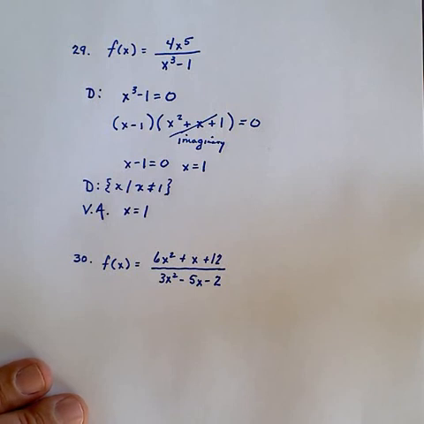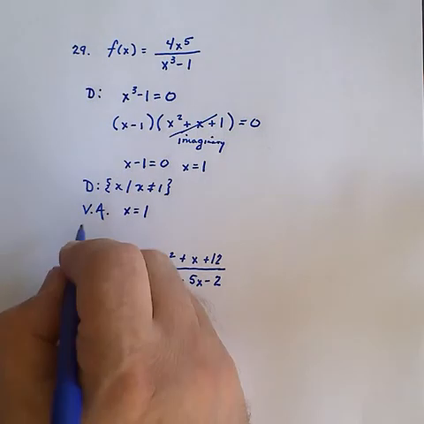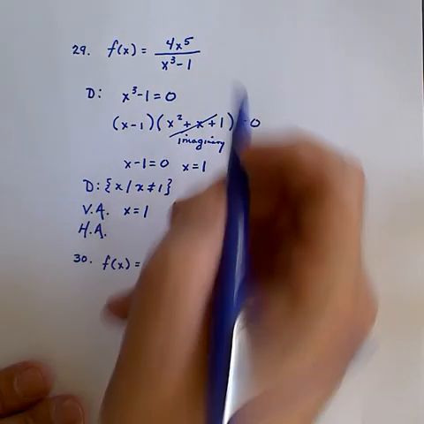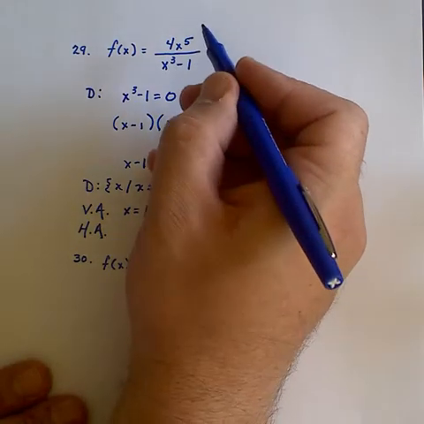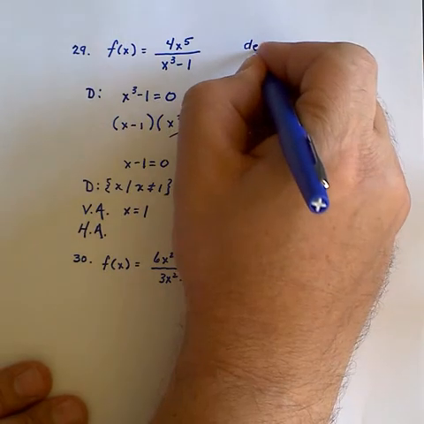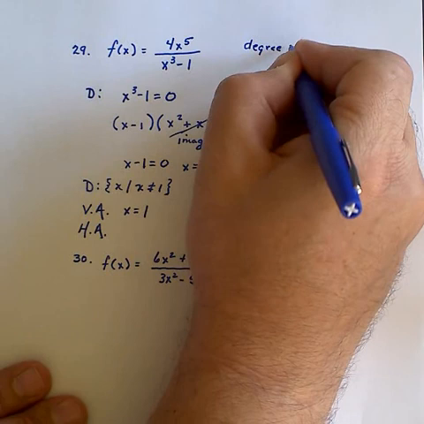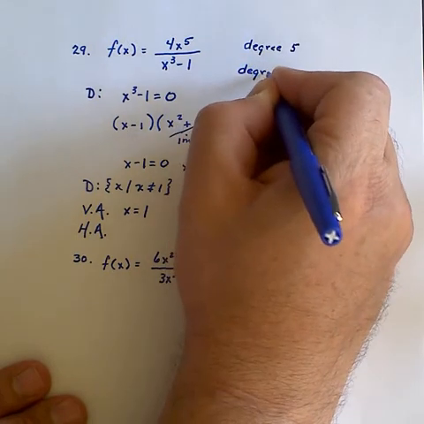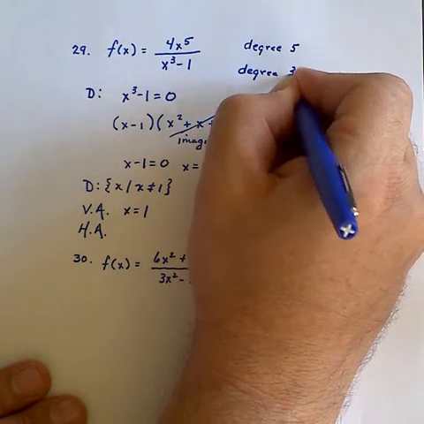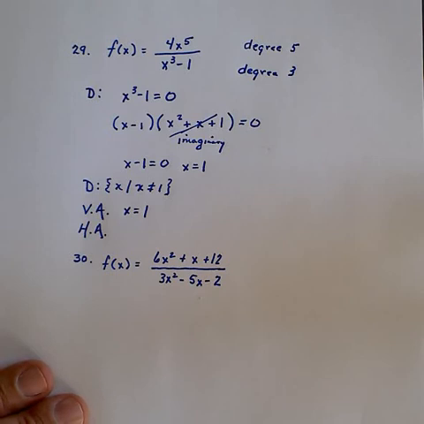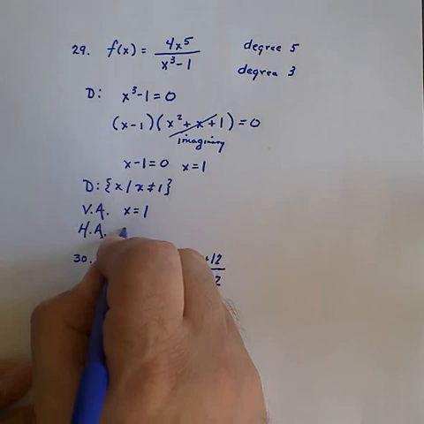On the horizontal asymptote side of things, here's how you look at that. Notice your original problem. This numerator has a degree of 5. This has a degree of 3. When the degree of the numerator is greater than the degree of the denominator, there is no horizontal asymptote.